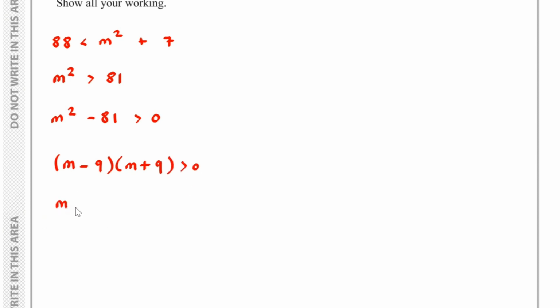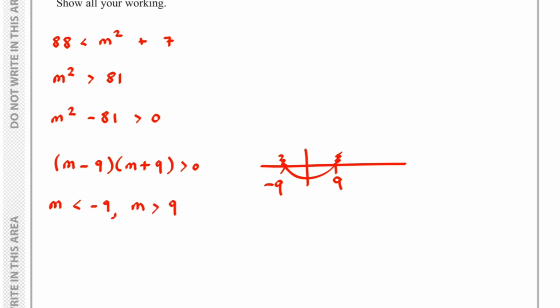Well, if I think about my sketch of my quadratic, I've got minus 9 and 9, and I'm looking at where the graph is greater than 0, so that's here and here. So I've got a solution of m being less than minus 9 and a solution of m being greater than 9.